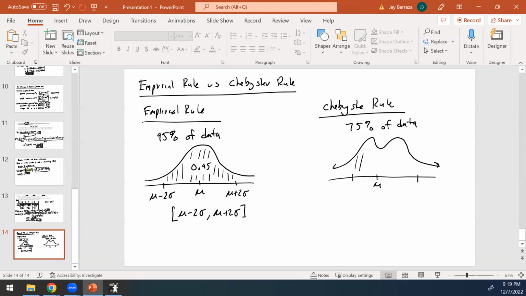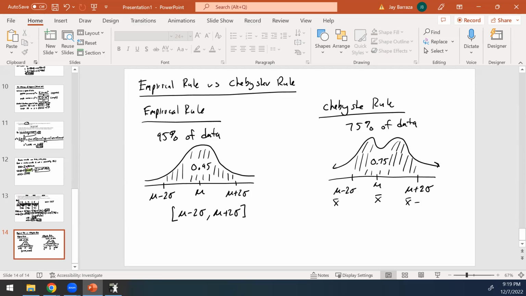But now if I want at least 75% of the data in between, it's going to be mu minus 2 sigma, and then mu plus 2 sigma. Also, just so we're clear, mu and x bar are kind of interchangeable.